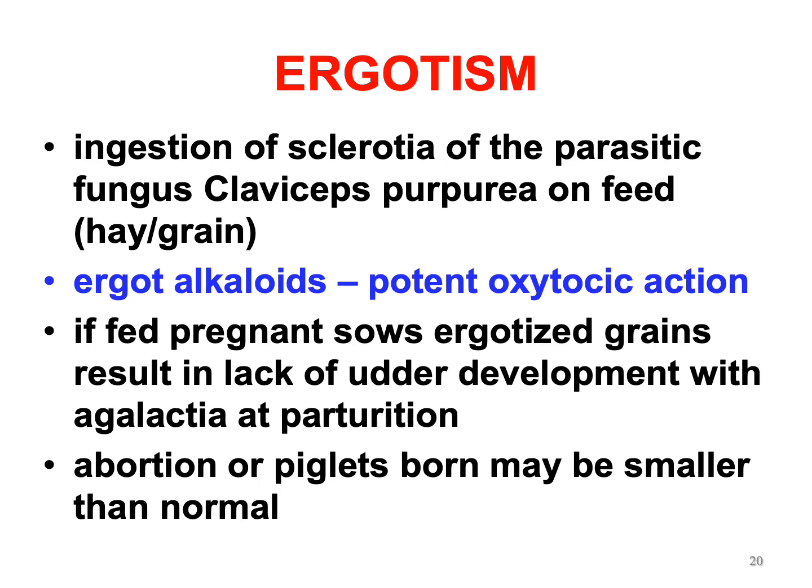If fed to pregnant sows, ergotized grains result in lack of udder development, with subsequent agalactia at parturition and the emaciation of the newborn, and the piglet mortality will increase, but may also cause abortion or piglets born with a smaller body weight.